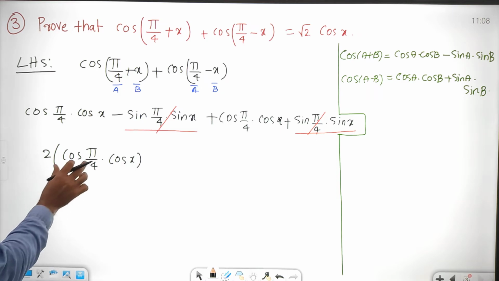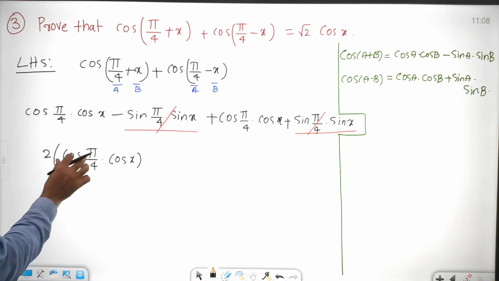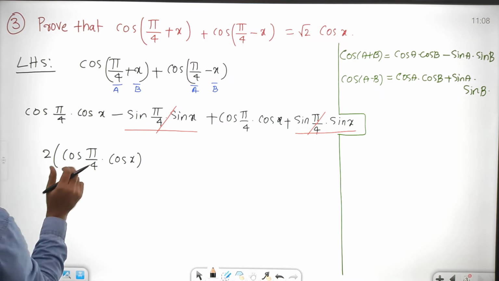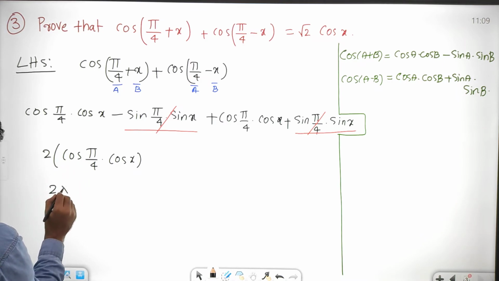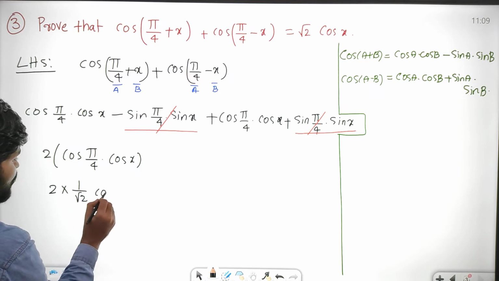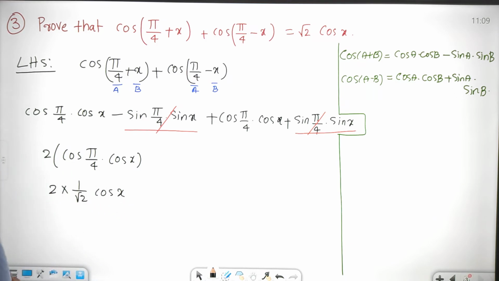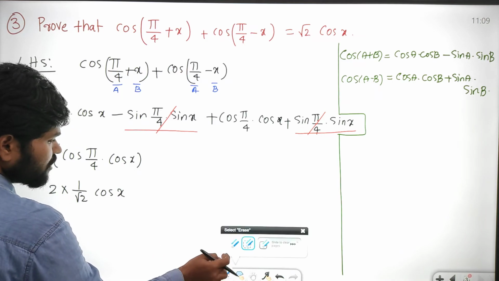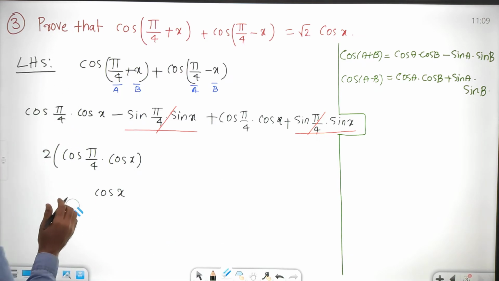What is the value of cos pi/4? We already know it is 1 by root 2. So 2 into 1 by root 2 into cos x. So this is actually the answer.